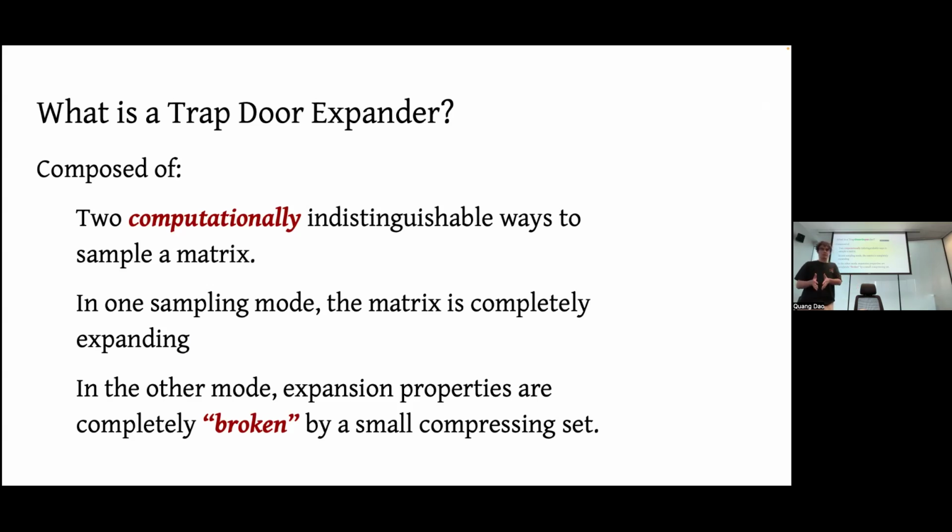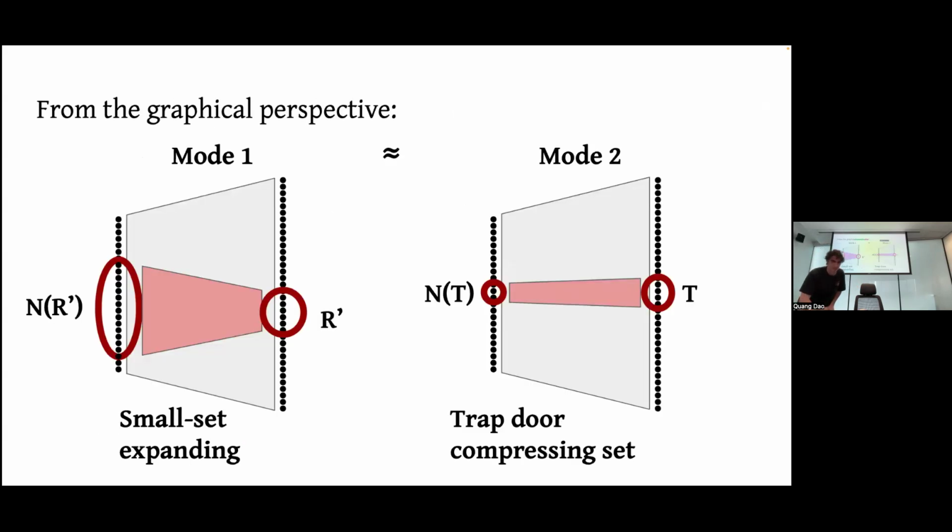And if we sample the matrix from the second mode, then this expansion property will be completely broken by a very small compressing set. Looking at this from the graph perspective, we want mode 1 to exhibit small set expansion, but mode 2 will have a very small trapdoor T of right nodes, such that the neighborhood of those right nodes is actually smaller than the size of the original set.